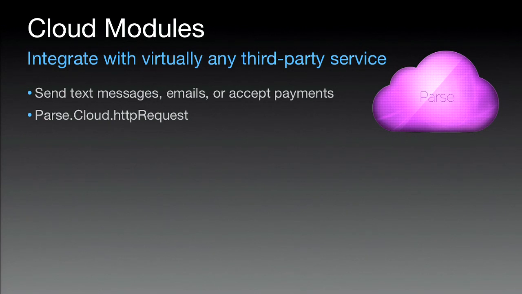We have some built-in modules that you just drop into your Cloud Code that let you send text messages, emails, or even accept payments from your users. For those services that we don't provide modules for yet, you can use HTTP requests to integrate with the RESTful API.